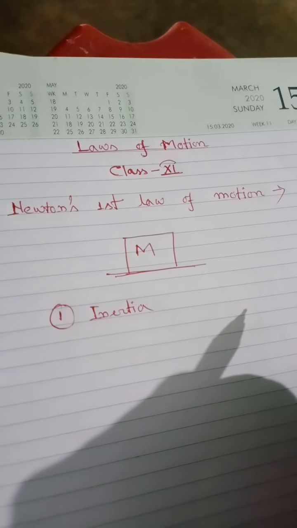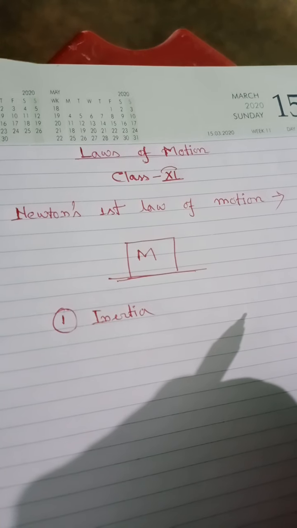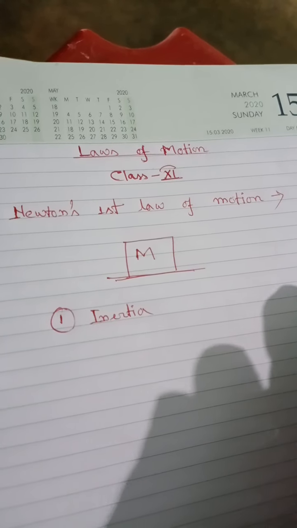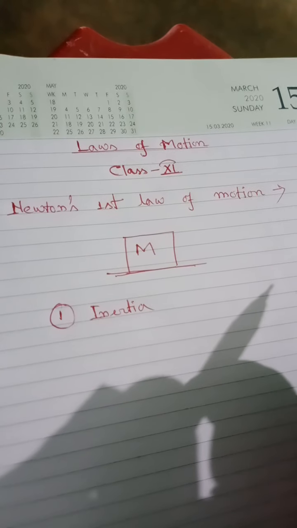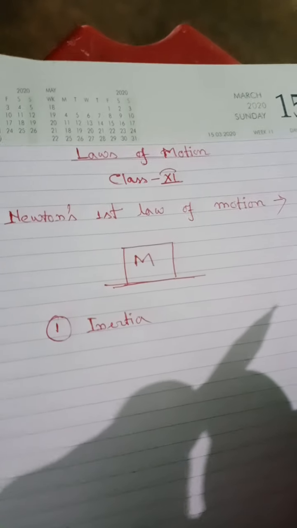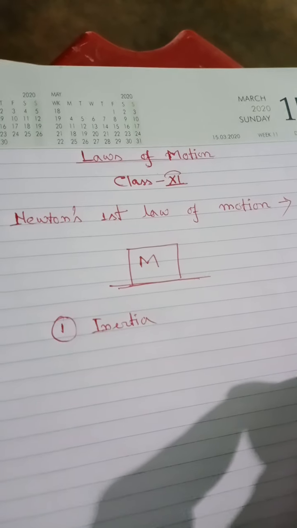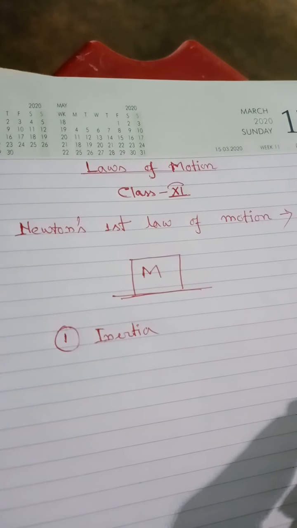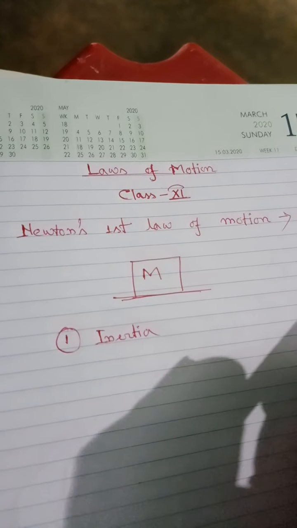But due to the air resistance, the motion is opposed and at last it comes to rest. So this fan has the tendency to be in motion. That's why it takes some time to come to rest.